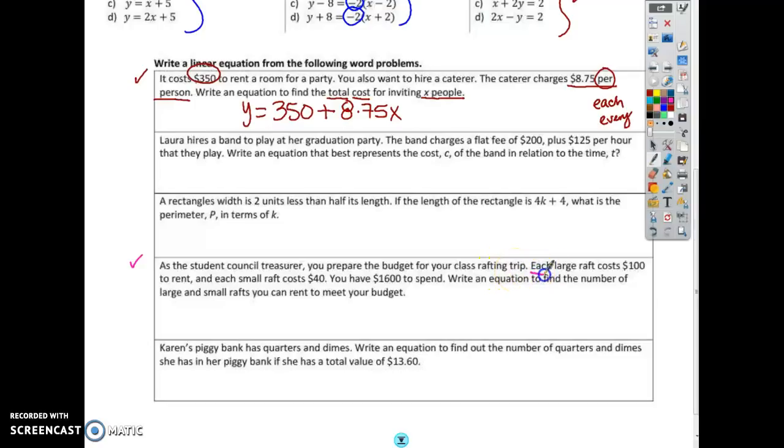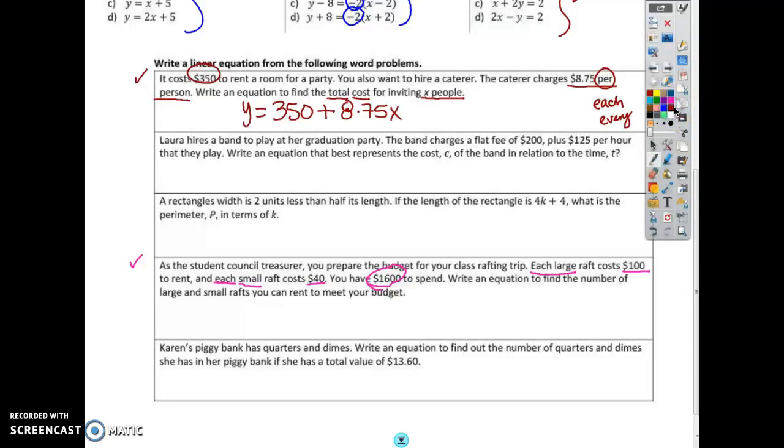Each large raft costs $100 to rent, and each small raft costs $40 to rent. You have $1,600 to spend. Write an equation to find the number of large and small rafts you can rent to meet your budget.